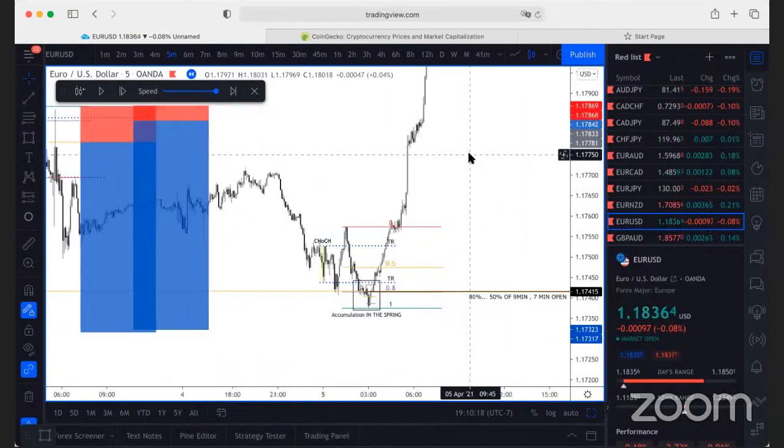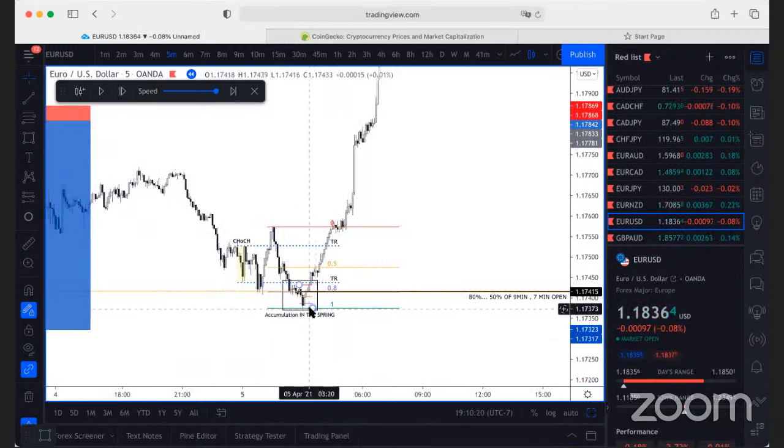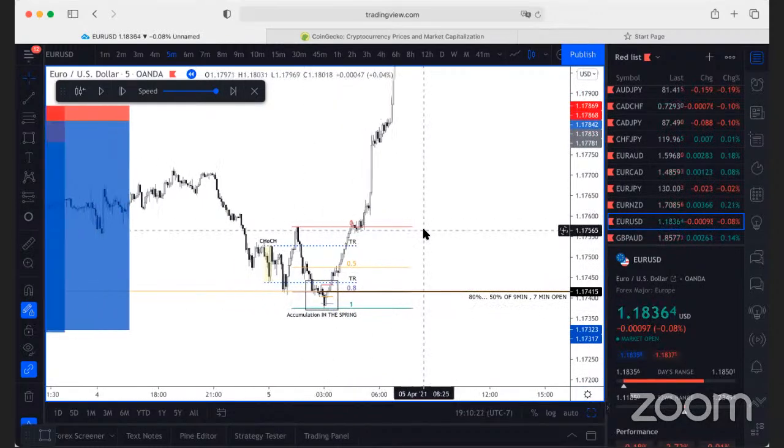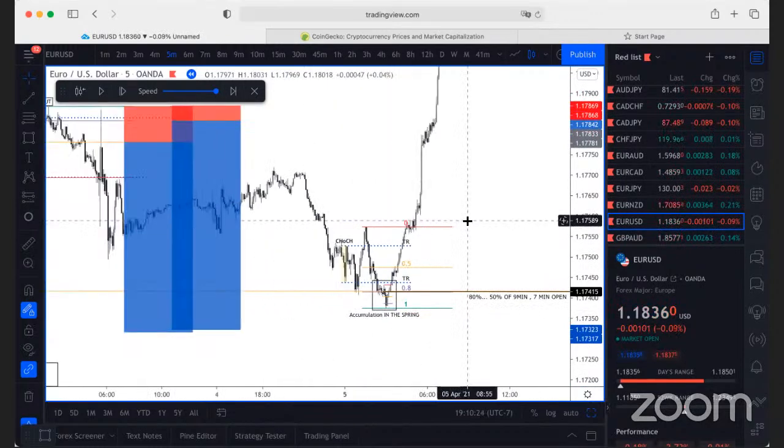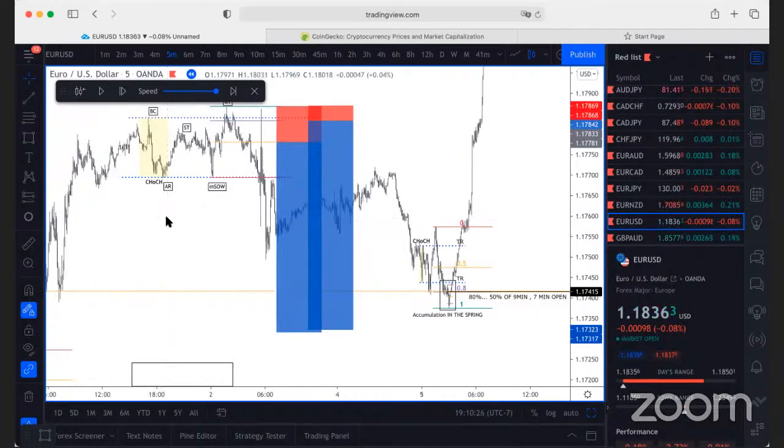But keep in mind, there was no entry for us based off of this schematic. So as we're looking here, we can start anticipating price to possibly come back down to this level for us to get a buy out of, right?